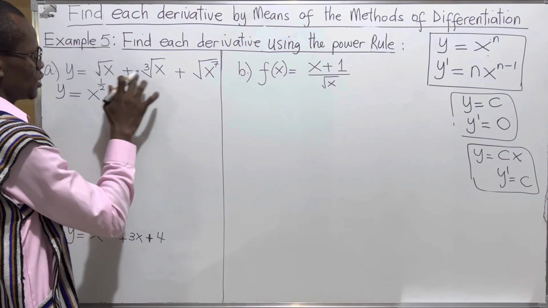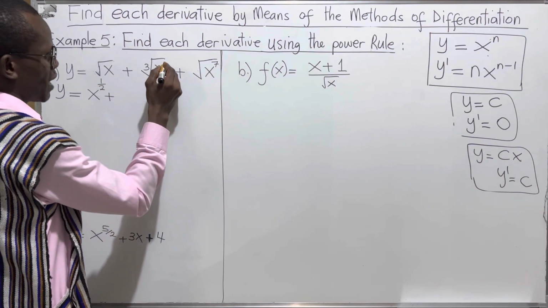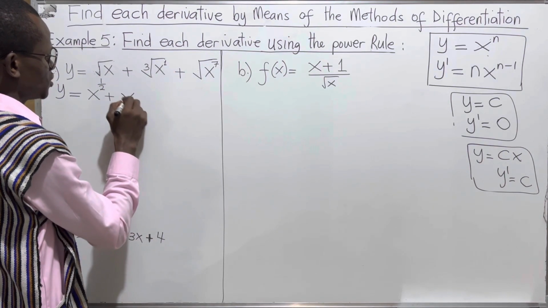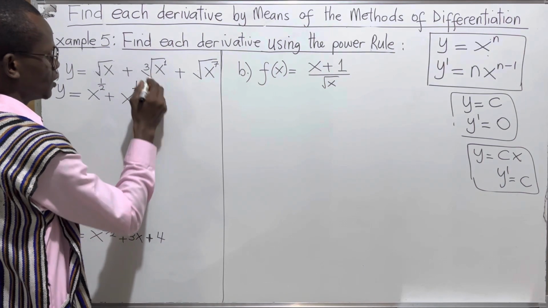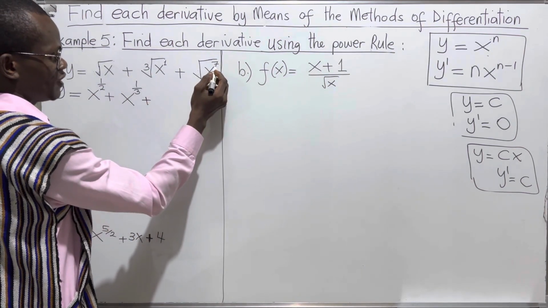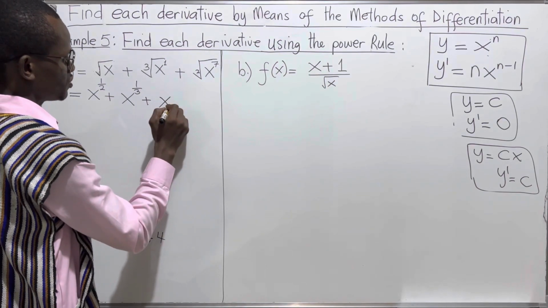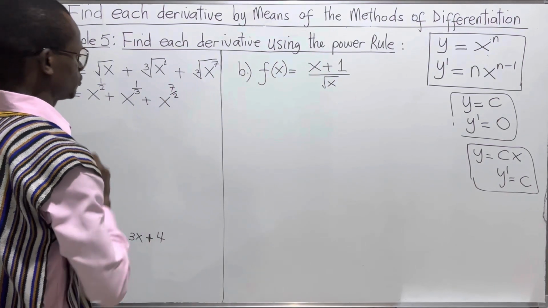Moving to the second one, you have plus. Now the power here is 1, so it's x raised to the power 1 divided by 3. Plus. Now the power here is 7 and here is 2, so it's x raised to the power 7 over 2.